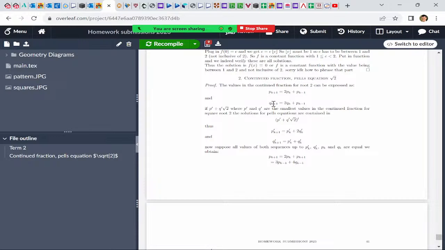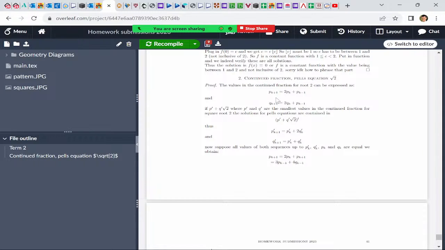Okay, so basically you have these sequences, and they're defined like this. If p and q are the smallest values of the continued fraction for... Why? Because that's what you did in the video. The smallest? Yeah, because you took 1 plus root 2. Why didn't you do 1 plus root 2? It's the same thing. No, it's not, because you don't know what these are now. True.